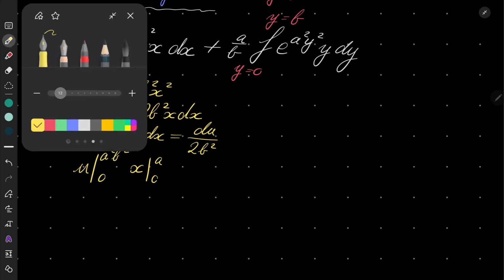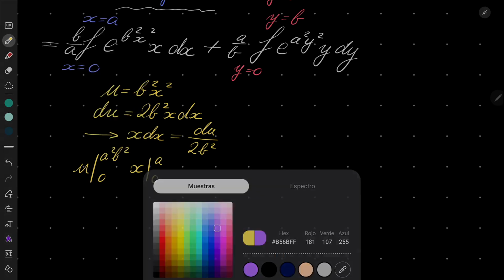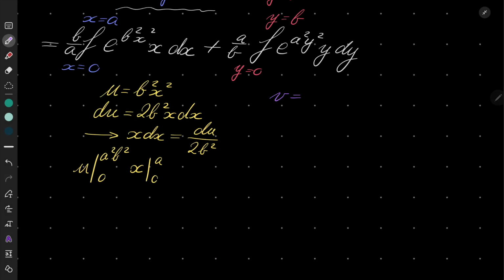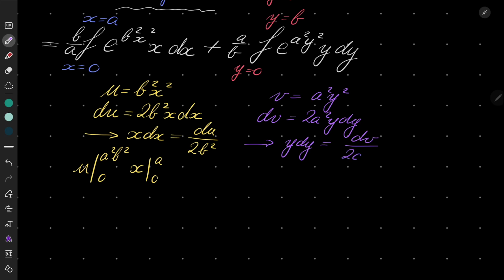And for the second integral, I will substitute v to be a squared y squared. dv is 2a squared y dy, which means that y dy is dv over 2a squared. What about the bounds? y was from 0 to b, so v is from 0 to a squared b squared. Okay.